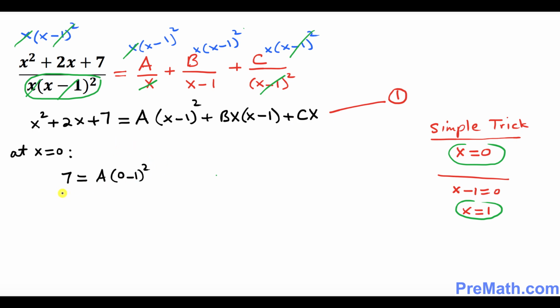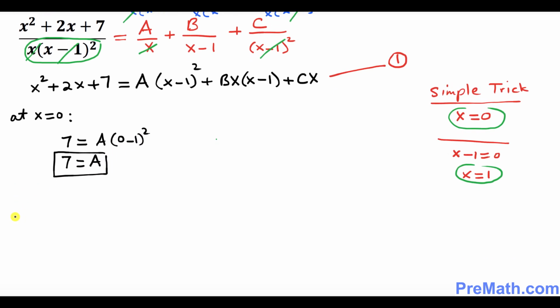So pretty much we got 7 equal to A times 1 squared, so A turns out to be positive 7.